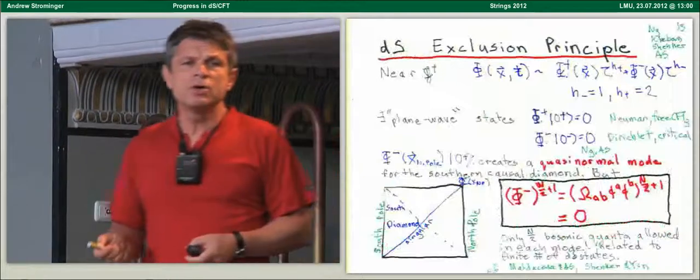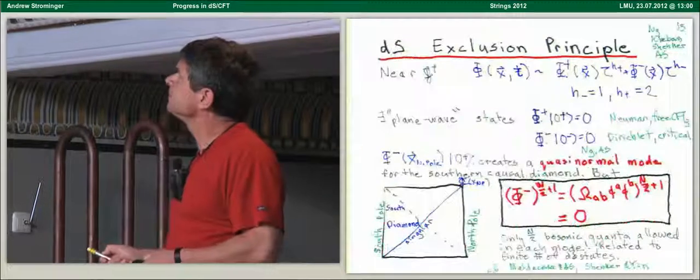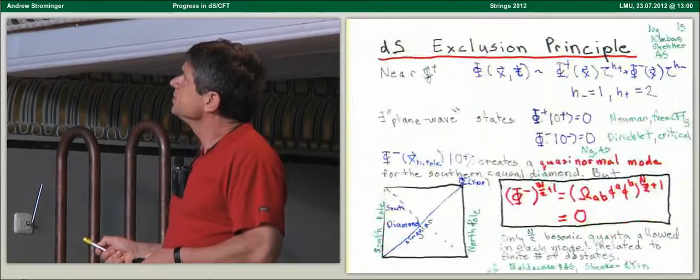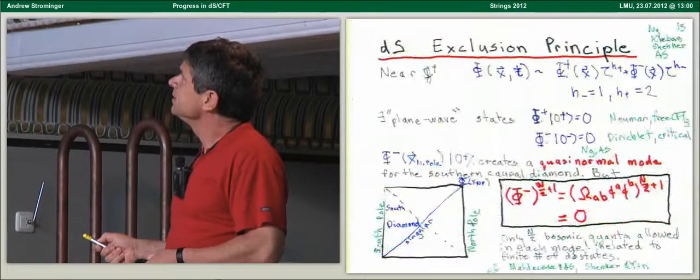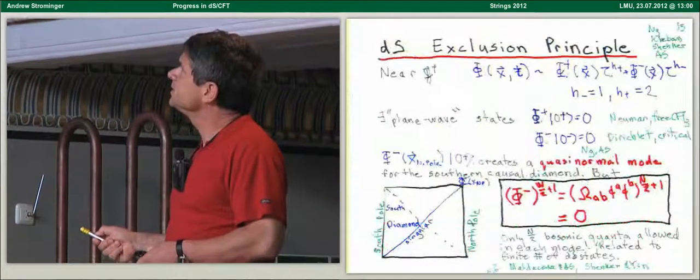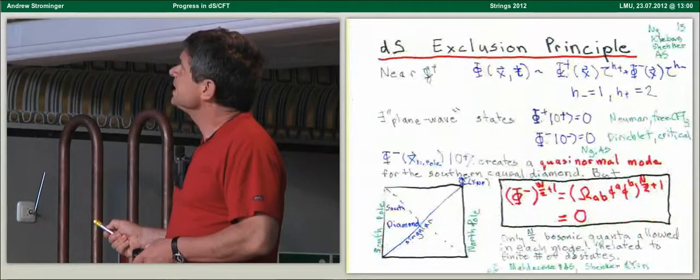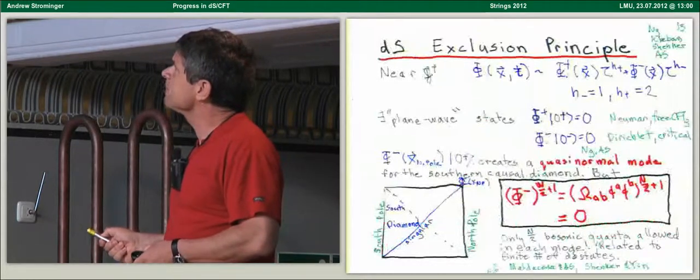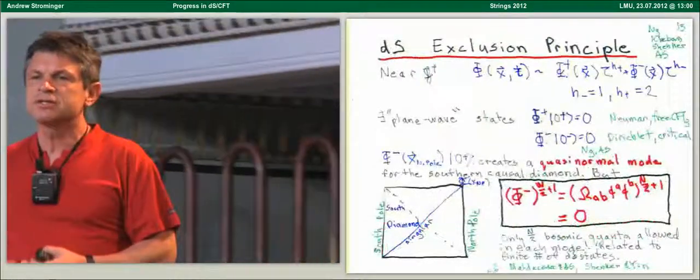And the quasi-normal modes form a complete basis in de Sitter space. On the other hand, using the dS/CFT dictionary, we can write this operator, the bulk field operator rescaled near scri plus, as an operator in the dual field theory. And we see here that since it's constructed from anti-commuting bosons, of which there are only N, if we raise it to some large power, we get 0. So this tells us that there's a kind of de Sitter exclusion principle.